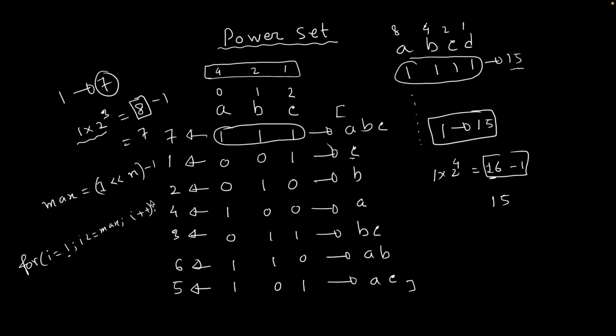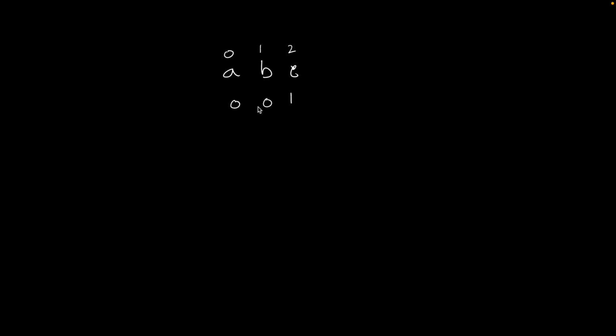So how do we find the string using the binary number? Let's see how to find the subsequence from this binary number. We have here 0 0 1, and we will just select this C. To do this, we simply run a for loop: bit equals 0, bit less than n, where n is the length, and bit plus plus.